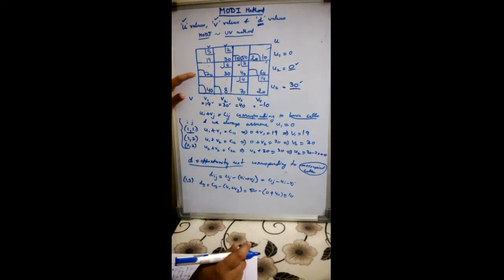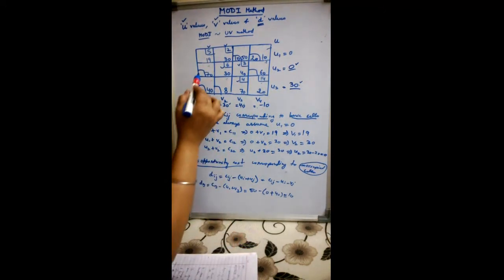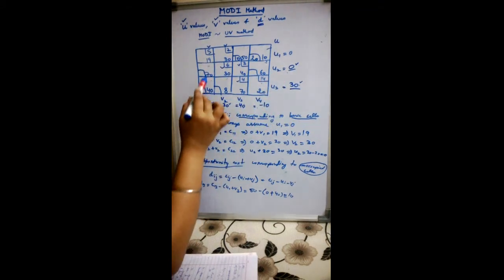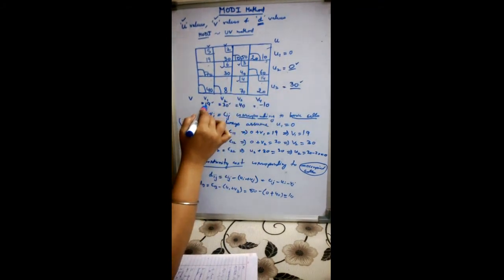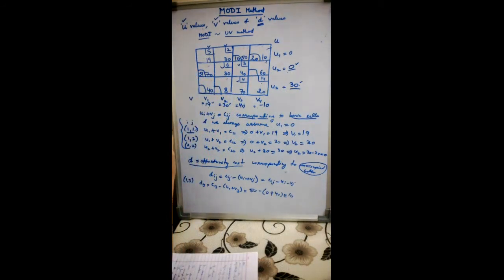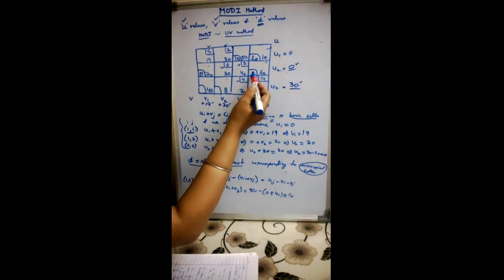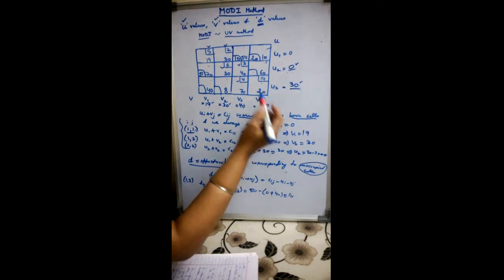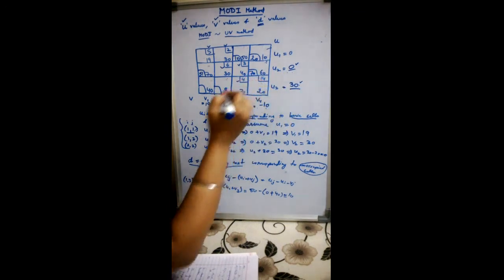Okay, now coming to this particular cell, this is C, this is U, and this is V. So 70 minus 0 minus 19, which is equal to 51. Okay, then coming to this cell, 60 minus 0 minus of minus 10, which is 70.